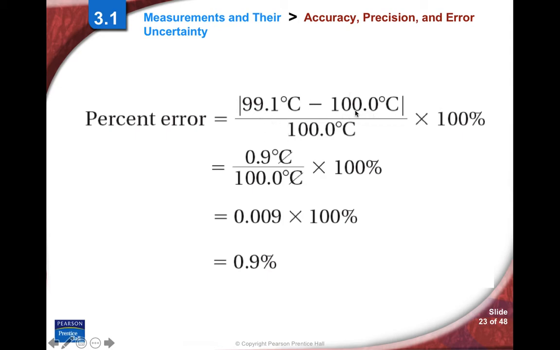You subtract that, and obviously you would get a negative 0.9, but because it's absolute, from math, we just do 0.9 divided by the accepted value, which is 100, times 100%. So this ends up with a very small percent error, less than 1% error. That's acceptable. So don't let it bother you if your thermometers read 99 when we're doing stuff. It's okay. It's not that big of a deal.